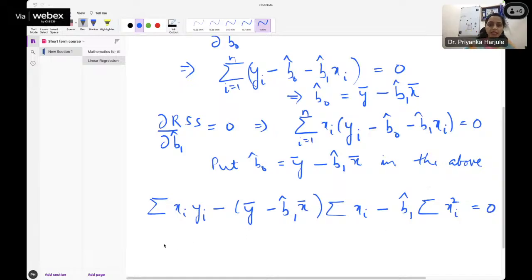So when you simplify this to find the value of b1 cap, you just have to rearrange the terms.